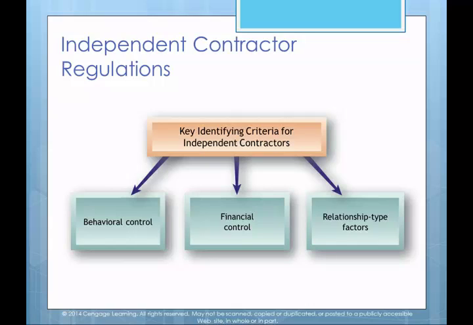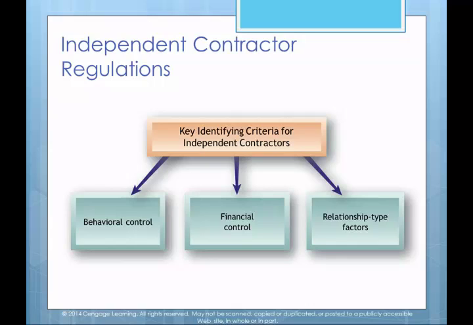Financial control, extent of the worker's investment, so you've got to really show the 1099 employee or the contractor has their own business. Extent to which the worker makes services available to the relevant market, that you're not the only one they're doing work for. How the business pays the worker. Usually you should pay on a project basis, not on an hourly basis.